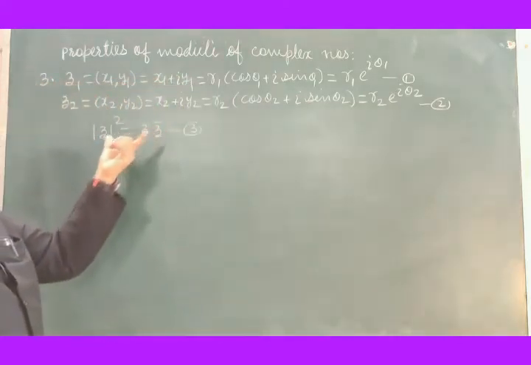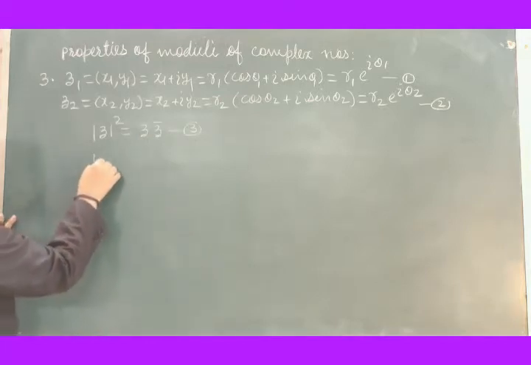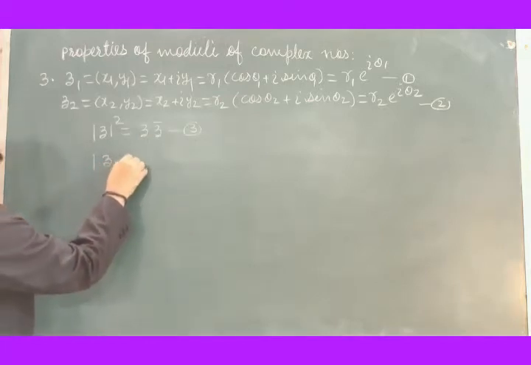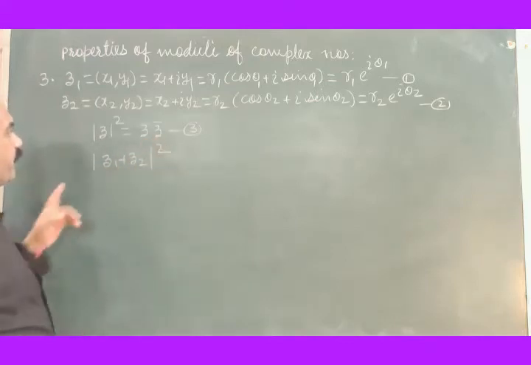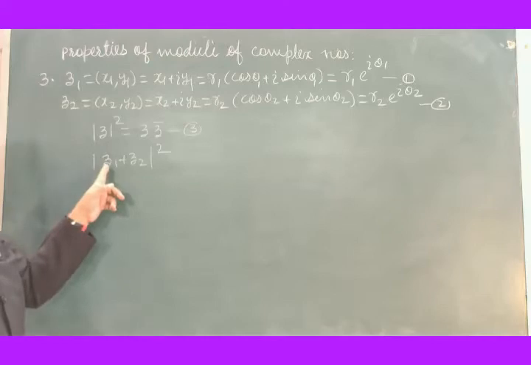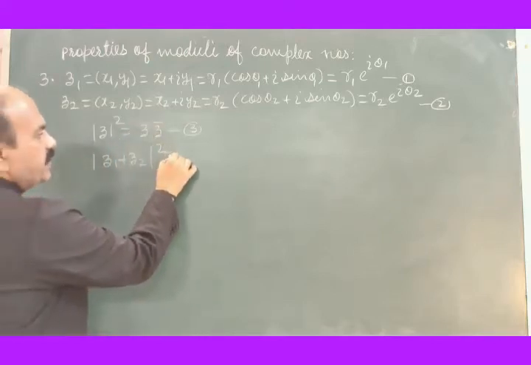I want to apply equation 3 when we take the sum, that is, here Z is replaced by Z1 plus Z2, and therefore this Z and Z bar should be replaced by Z1 plus Z2 and its conjugate.